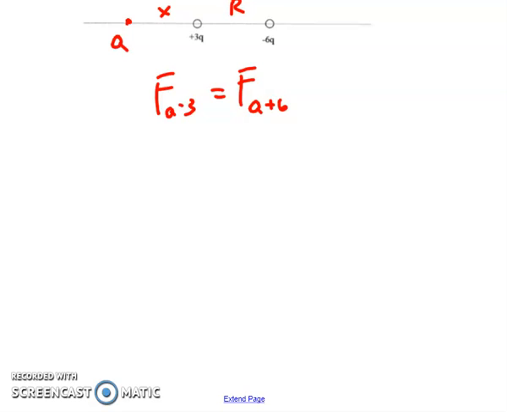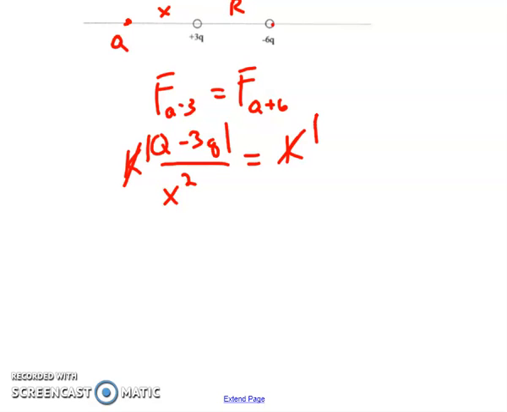Okay, so how do I calculate the force on q due to the 3? Well, that would be k, q, absolute value, times negative 3, q, all over, how far apart are they? x squared. That's got to equal the force due to the 6 on that, which is k. So we see the k's are irrelevant. They're going to cancel out anyway.